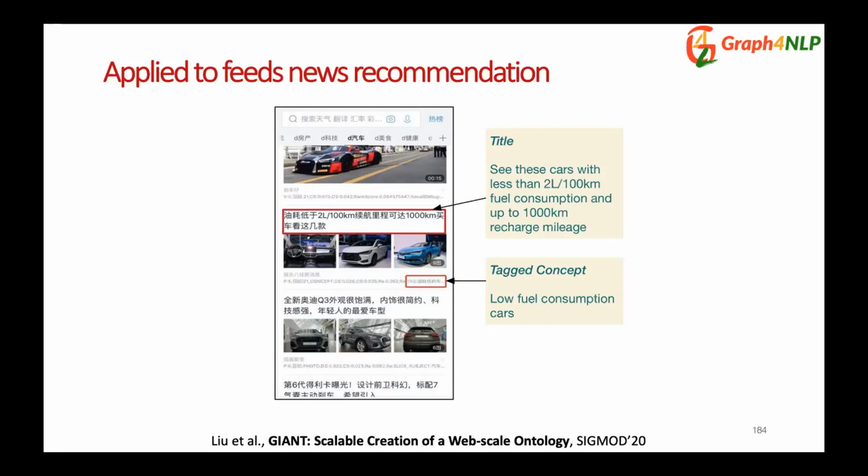So we tag the concept "low fuel consumption cars" to this news article. But you can see that the text in this concept never shows in the title of the document, which means we're not performing text matching. We're actually tagging the appropriate concept to the article based on its semantic content.